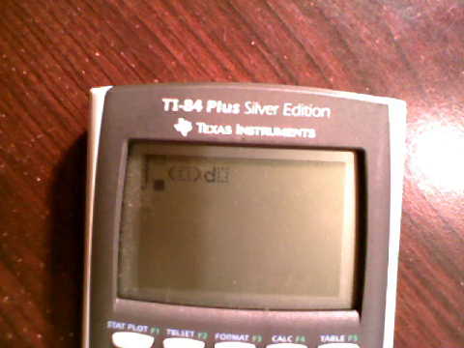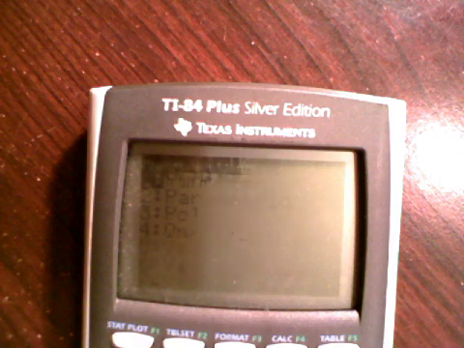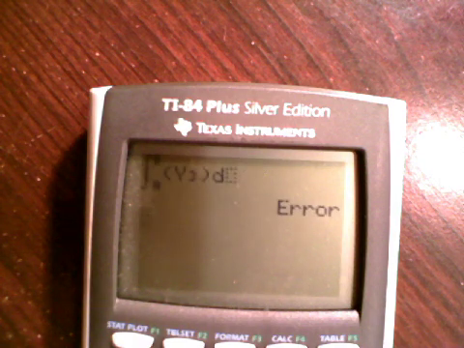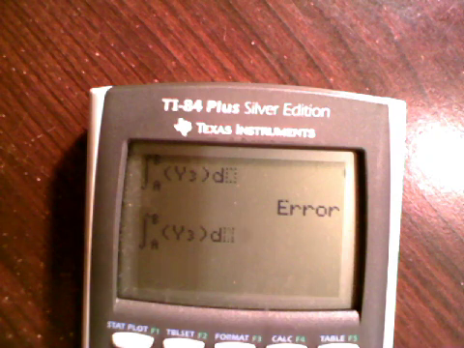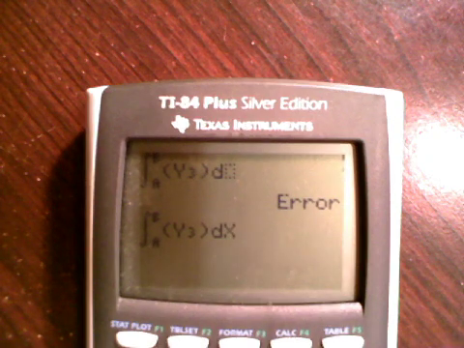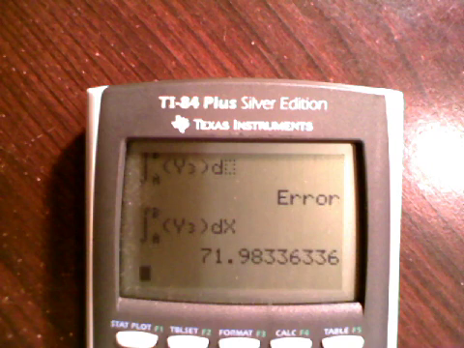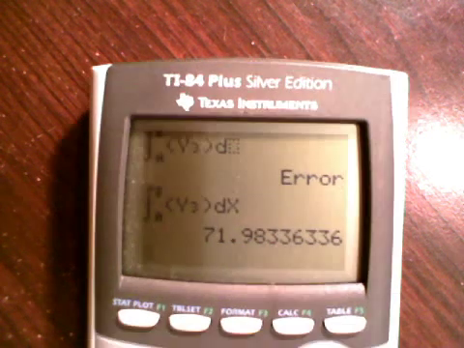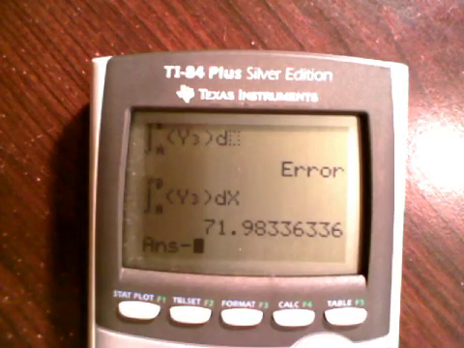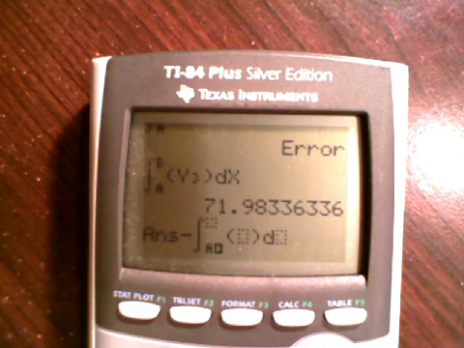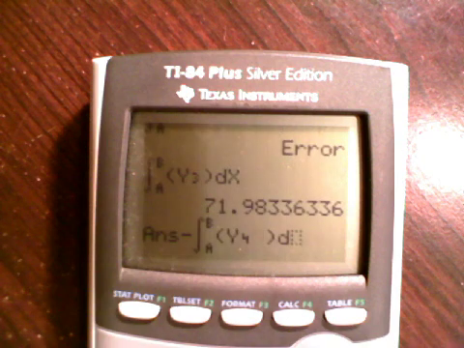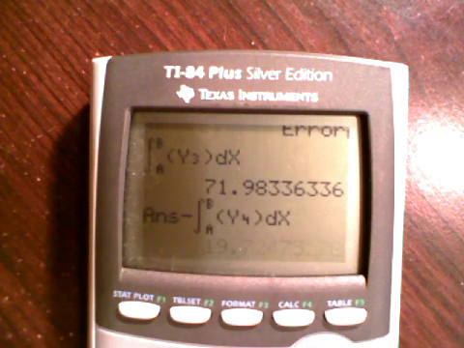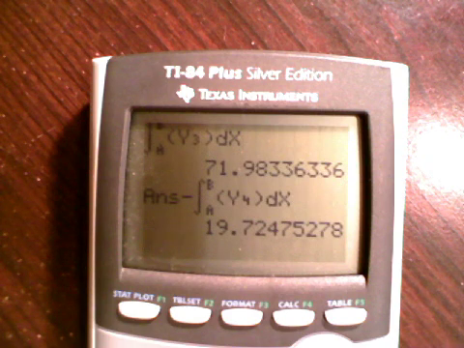Going to go math 9. We're going to go alpha A, alpha B. That's your y3. Blew it. Calculate, forgot the dx. And you should get that for your volume red. Just so you can troubleshoot if by chance you don't get the right answer, I'm going to subtract from that math 9, alpha A, alpha B, limits of integration, vars, y variables, 4, y4, dx, and we should get 19.725.